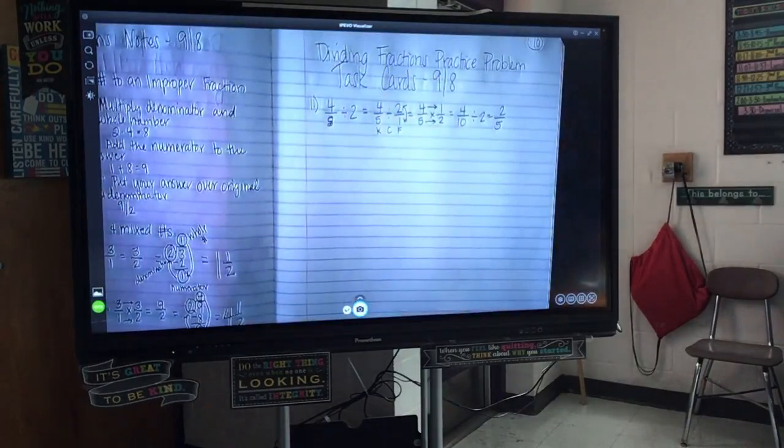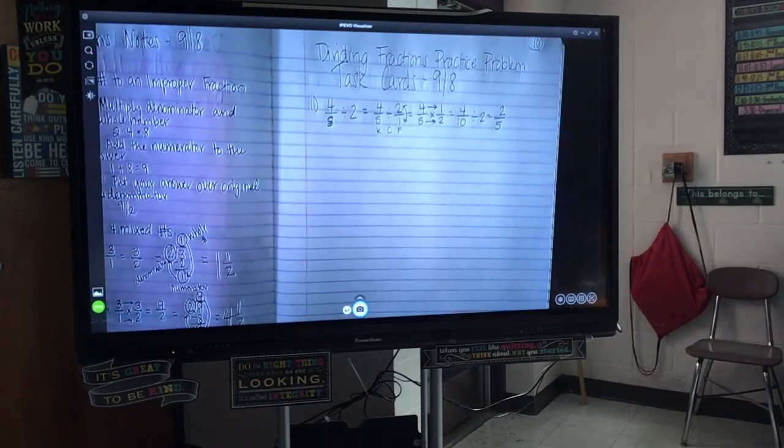Pass out the task cards for you guys. You do not necessarily have to do these in order, because they all have numbers on them.